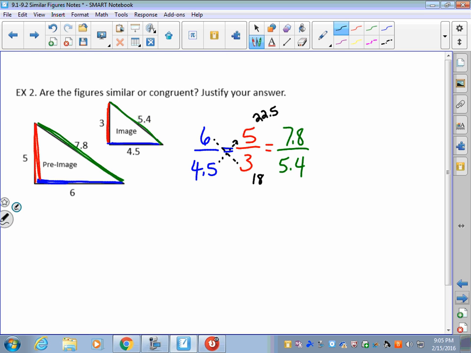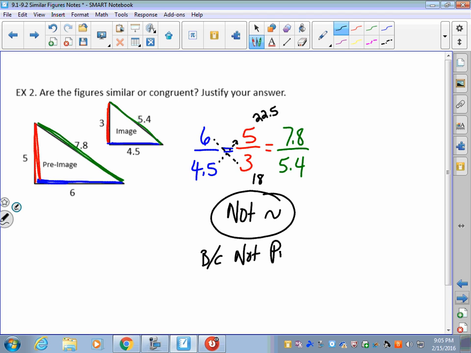So I automatically know that this is not similar. That's my answer, and the reason why I know that is that it's not proportional. You can say because not proportional. And the reason I know they're not proportional is because I didn't have the same cross products. Alright, so make sure you know the difference between when it is similar and not similar.